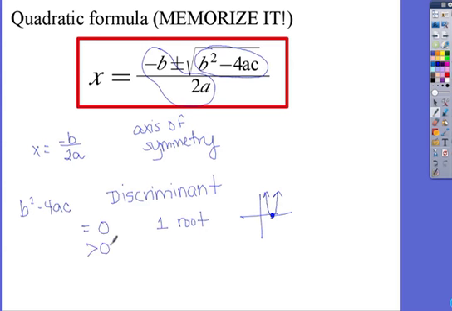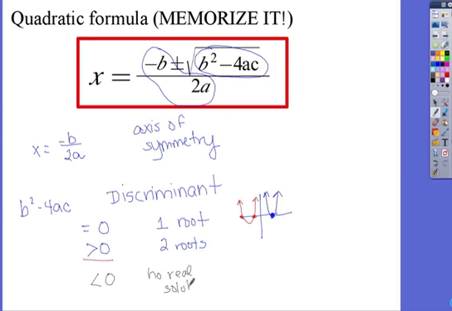In this case, my parabola would actually go over the x-axis and have 2 points of intersection. And lastly, if the discriminant is less than 0, I have no real solutions.